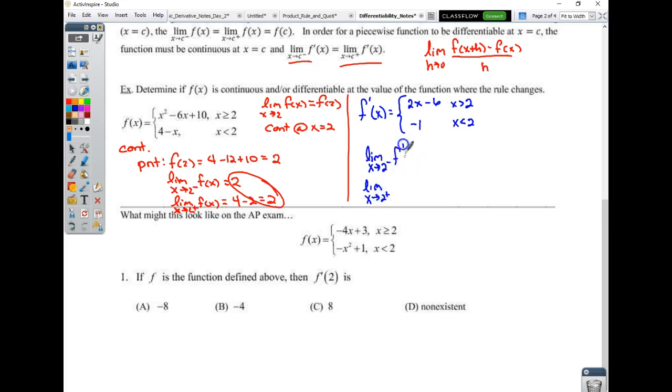Now we've got to be careful with our notation, because now we have f primes we're going to sub in. So now we've got 2 times 2 minus 6, which is negative 2, and negative 1. Since the limit as x approaches 2 of f prime of x does not exist, we claim that this is non-differentiable.